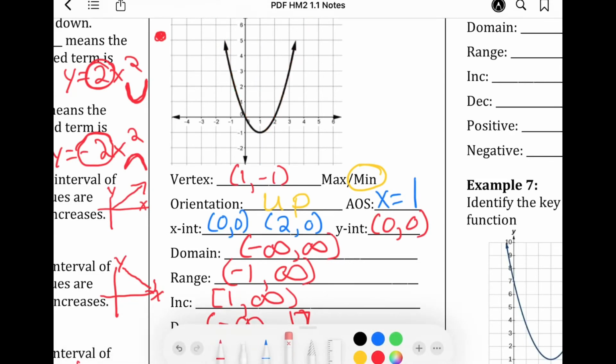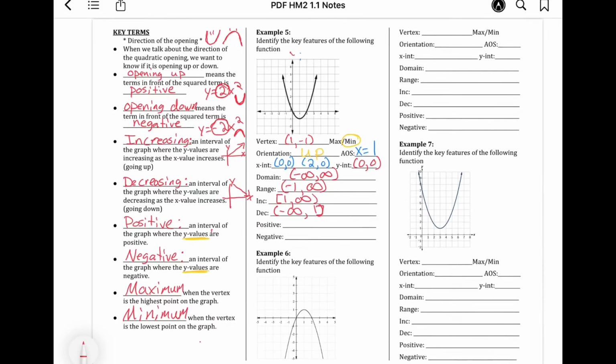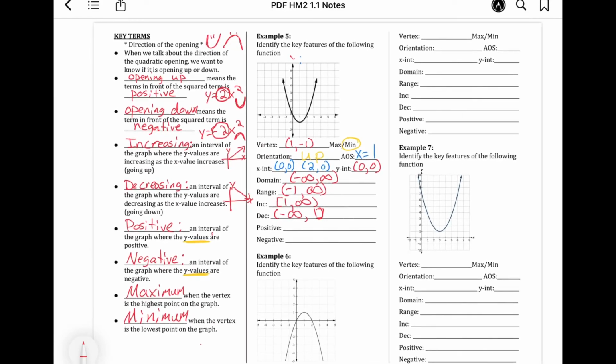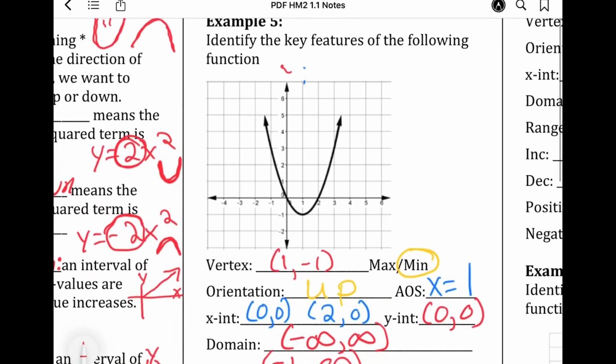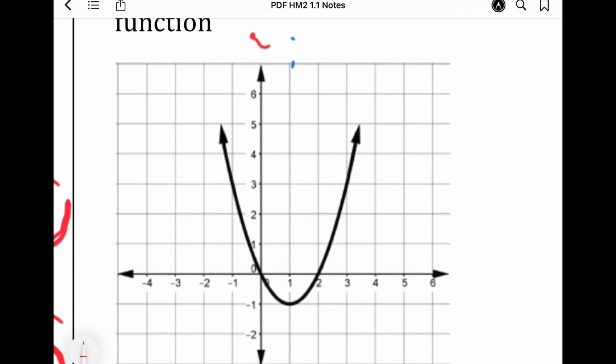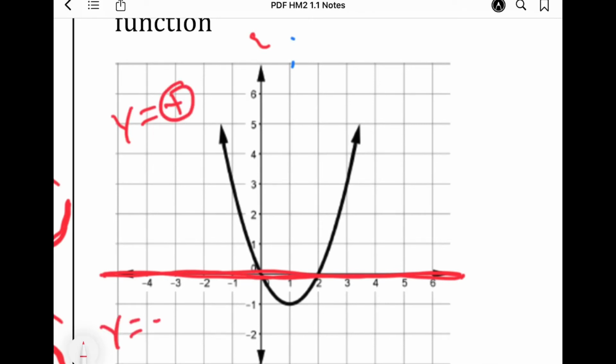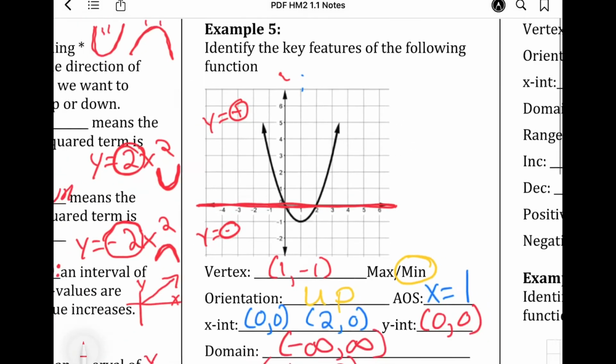Now, what about positive and negative? If you remember back to the notes, our positive and negative are focused on our y values, whether our y values are positive or negative. So we only care about whether it's above or below our x-axis. All of our y values are positive on this side. All of our y's are negative on this side of the x-axis.